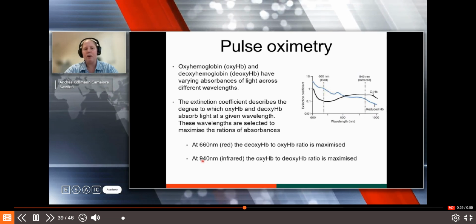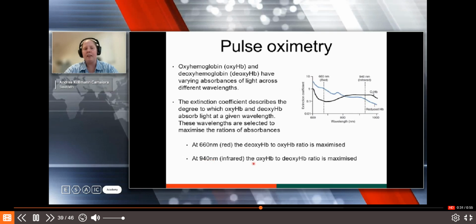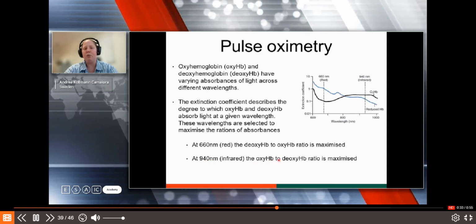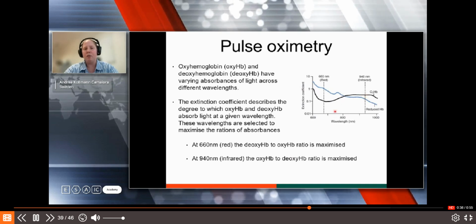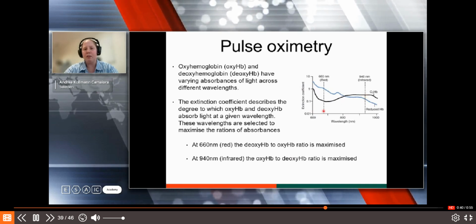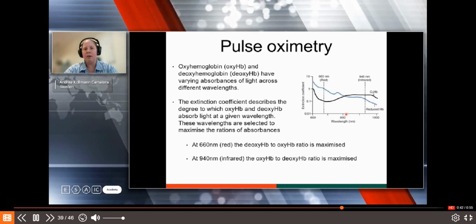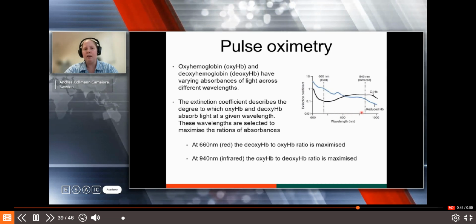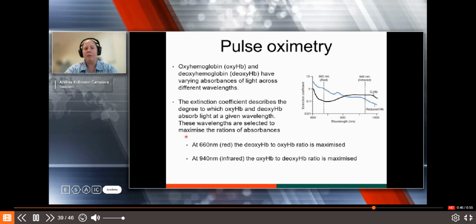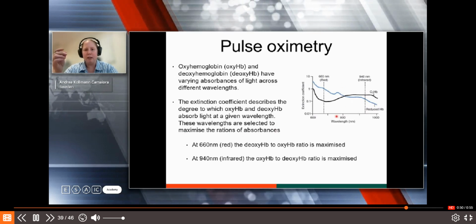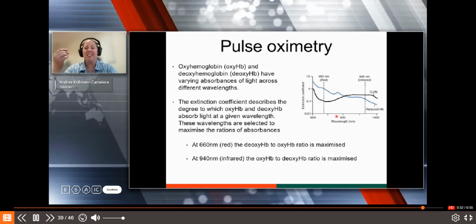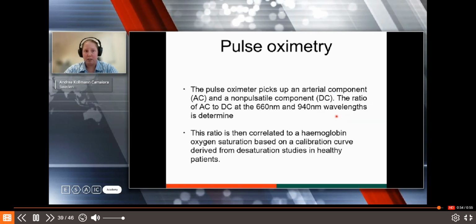And instead, at 940, the oxyhemoglobin to deoxyhemoglobin ratio is maximized. So what happens is you get a recording of at which wavelength you have the maximum ratios. And then when they meet each other and you can measure those ratios, you get the value of the saturation.